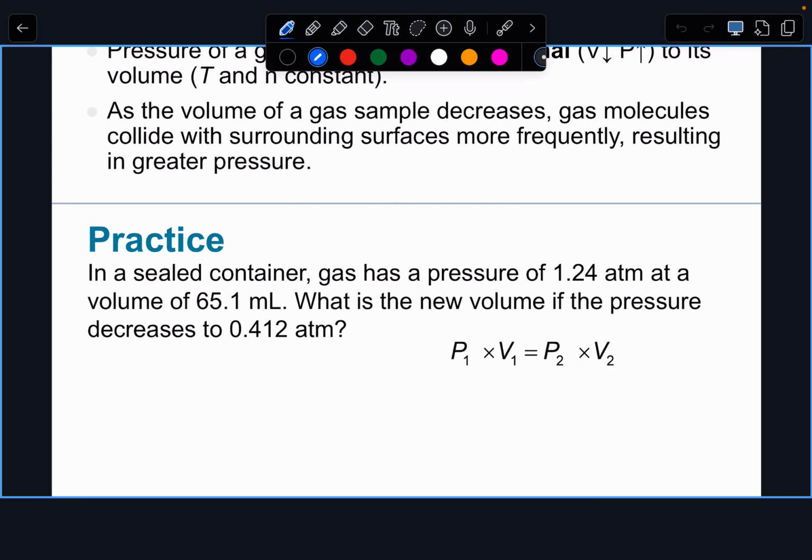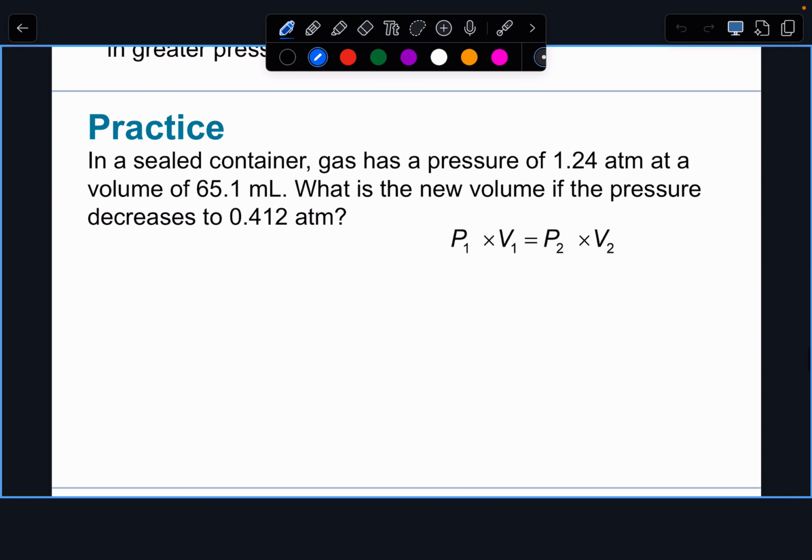I have a pressure and a volume, what's the new volume that happens? We have a lot of time. Why don't you guys go ahead and take a shot at this one? Now, I would like you to go ahead and stick to liters, atmospheres, moles, Kelvin for all of the problems. If you get in there and see, oh, I don't have to actually change that, that's fine, but don't do that until you are sure of that.